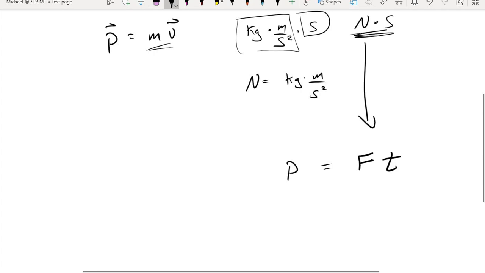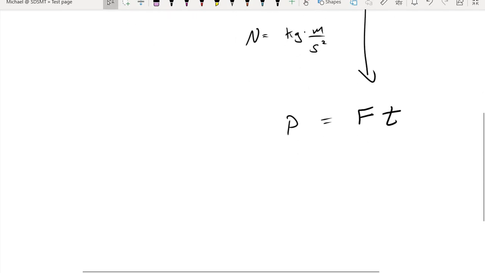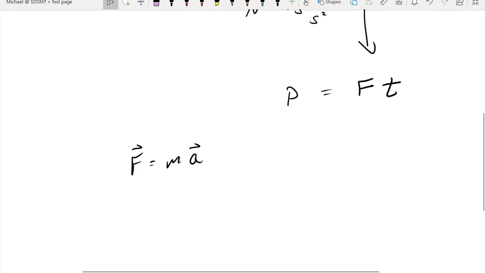When we think about a force, what does a force do to a velocity? Newton's second law says force equals ma. Acceleration is a change in velocity with respect to time.